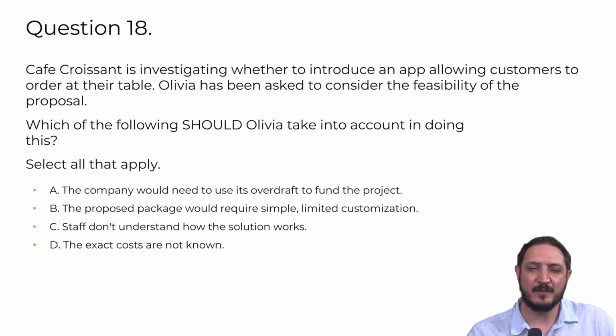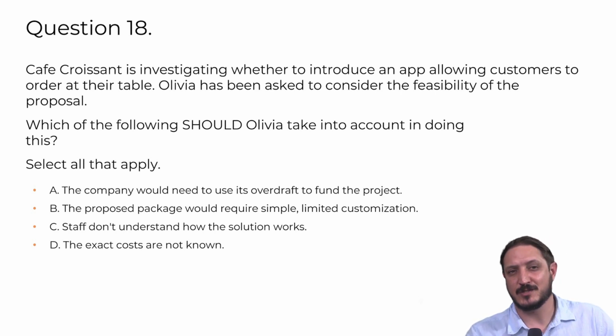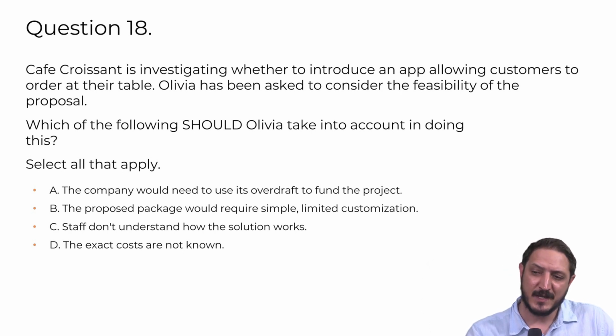Now, if we go a little bit further into feasibility, you can also remember that you can use PESTLE for feasibility assessments. You can look at all the categories of PESTLE: the political, the economic, the environmental, the social, the technological, and the legal perspectives. So this is looking at it from an external perspective, whether it's feasible or not.